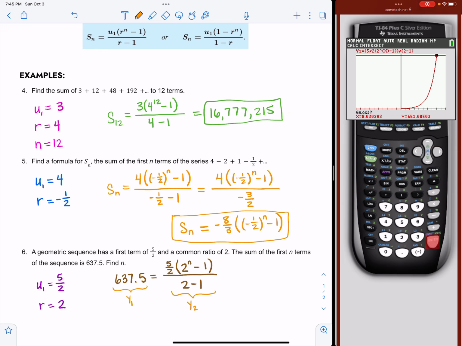And then we press enter 3 times. And we see that n is equal to 8. So there were 8 terms in the sequence that caused the sum to be 637.5.